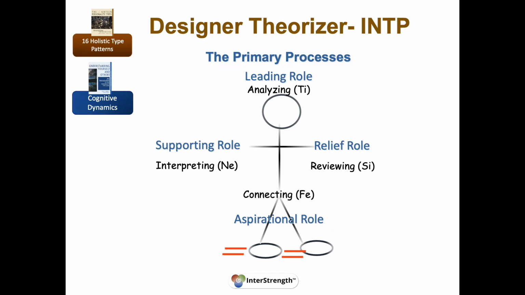So this connecting and analyzing is that axis of our personality, the spine of the personality. So these are the primary processes that are there for INTP. And it's here that we see some connectedness, some similarity with the ISTP analyzer operator pattern because of the analyzing and the connecting.